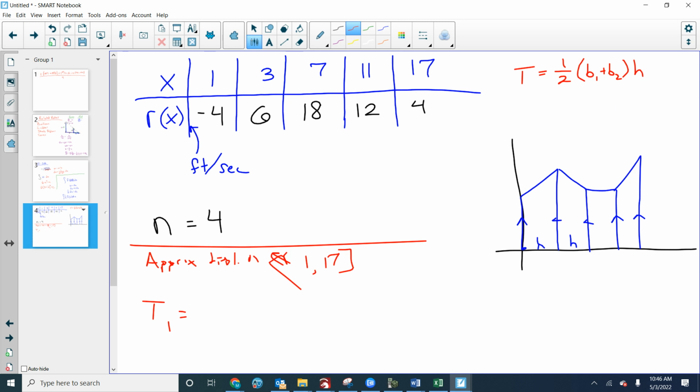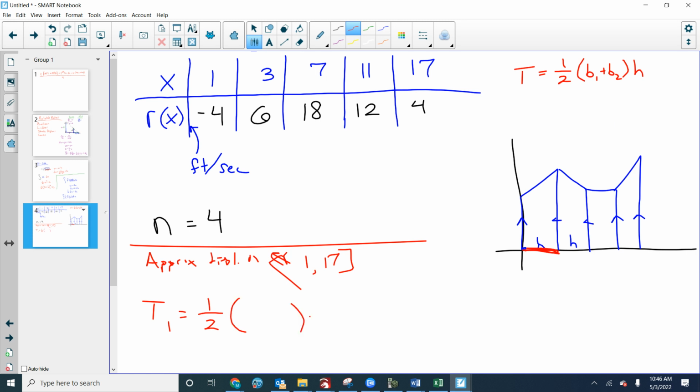So for the first trapezoid, be careful. A lot of people messed this up when they were doing it in this section. How do you find the height of the first trapezoid? Subtract the x's, right? Remember, this is the height. It's from the first x to the second x. Well, 3 minus 1 is 2, so we have half. That half has nothing to do with the height.